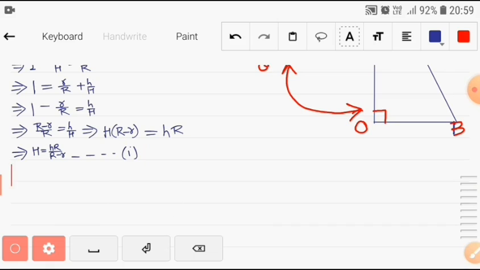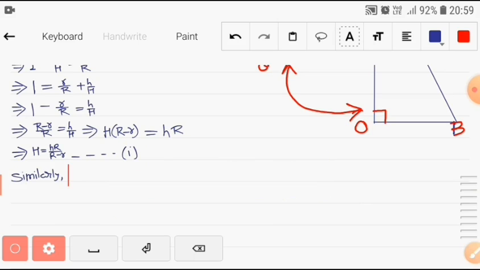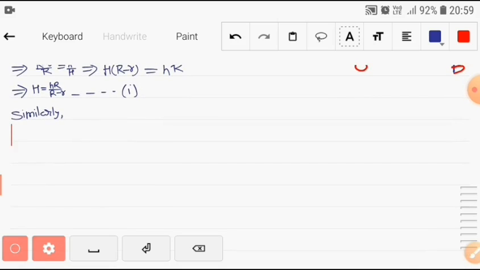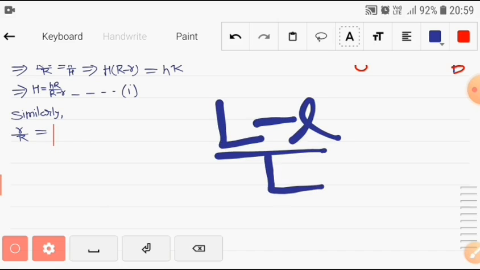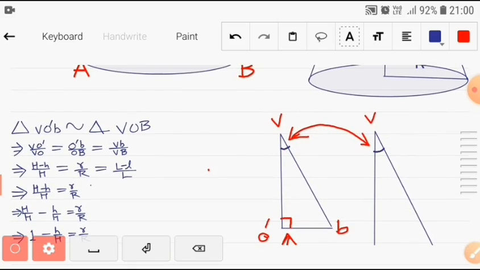Similarly, by following the same rule, r by R is equal to 1 minus l by capital L. So the ratio of OB by OB is equal to VB by VB. As I have written previously, these are equal here, as you can see.